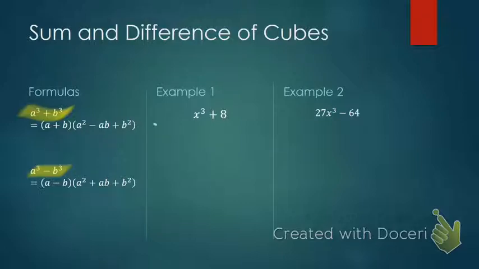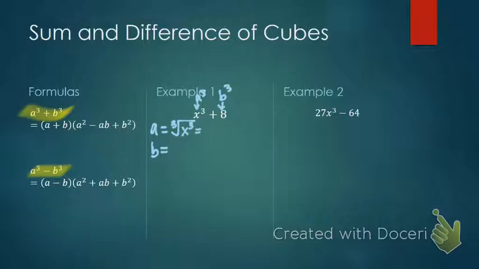So we need to find two things for this formula. We need to identify A and we need to identify B. A is the cube root of the first term. So this is A cubed and this is B cubed. So the cube root of x cubed, sorry, I don't know why I say cubed twice.